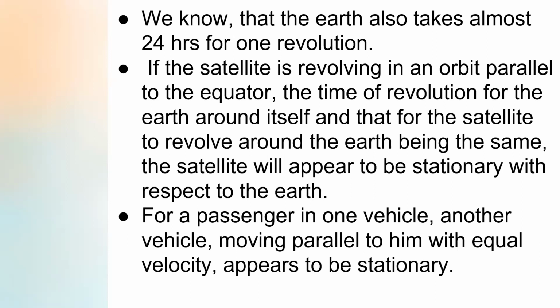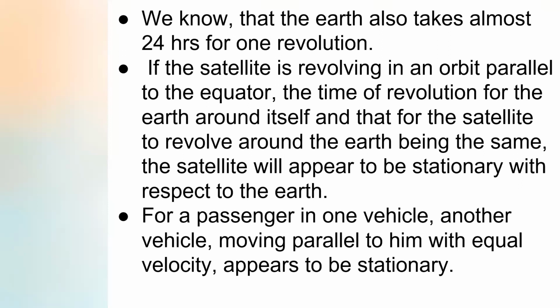As it is revolving parallel to the equator with the same period, that satellite, when we see it from the Earth, appears stationary. Why? Because the period of revolution of the Earth and that of the satellite is the same, hence it appears to be stationary.